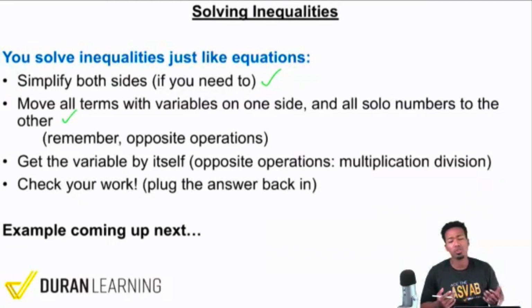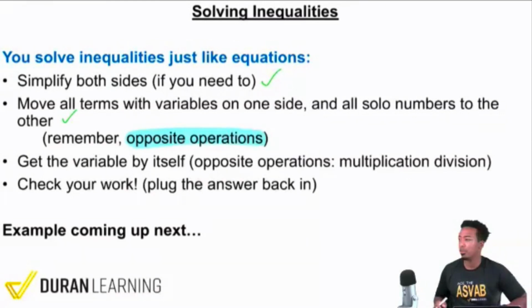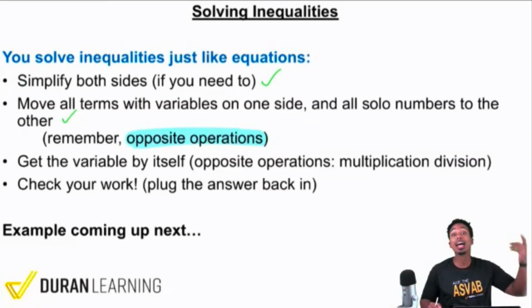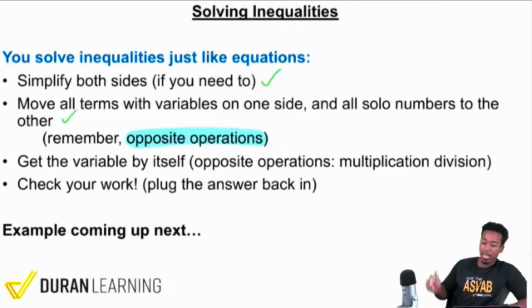And as a reminder, just opposite operations. That's all you're doing. If you want to move a 5 to the other side, subtract 5 from both sides. If you want to get rid of a minus 2x, add 2x. Opposite operations.